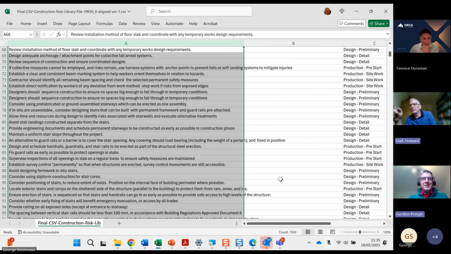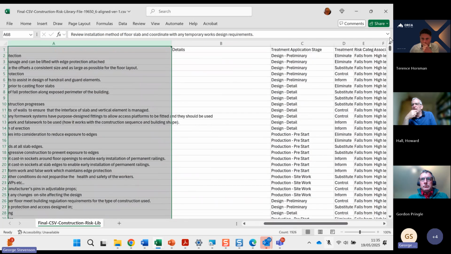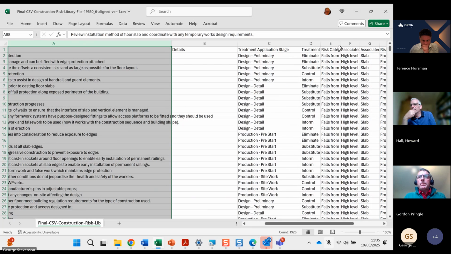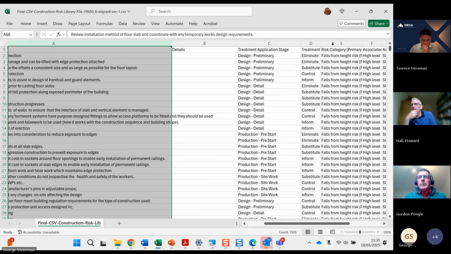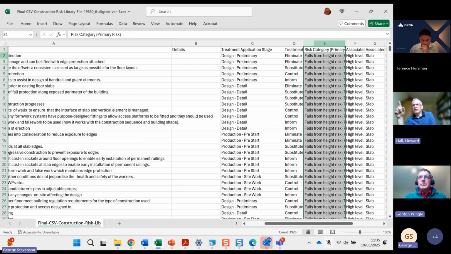Jesus. What I'm more interested in is if you scroll to the right, please. Get the top table. Yeah. No, it's the categorization of risk. So it's column E. Yeah. If you just scroll down that, what's interesting is what they believe the risk is. Shall I just, if I put a filter on it?